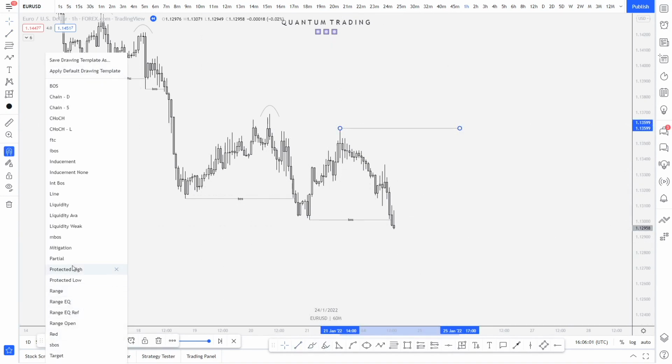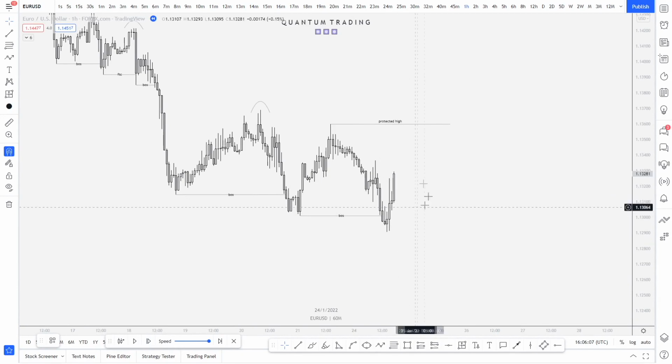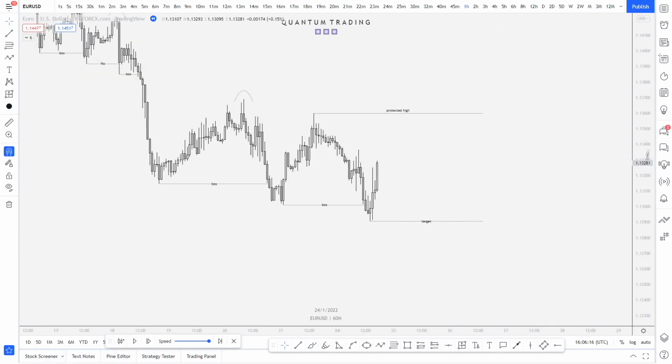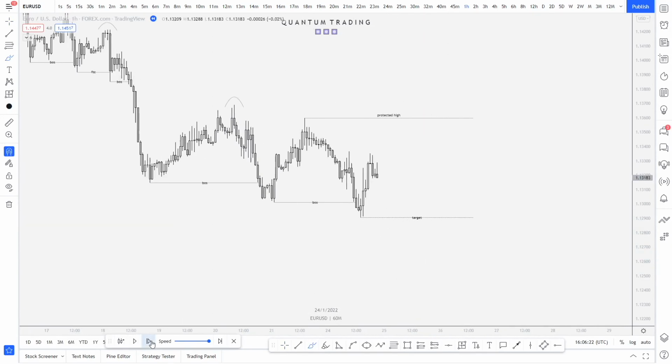So this is our protected high in the market, and then the lower low is going to be weak. So we wait to see the pullback once again right here, and we can then draw on a new weak low within the market. And once again, this doesn't change. We expect to see a new lower high in the market before a new lower low. So let's just see what happens.